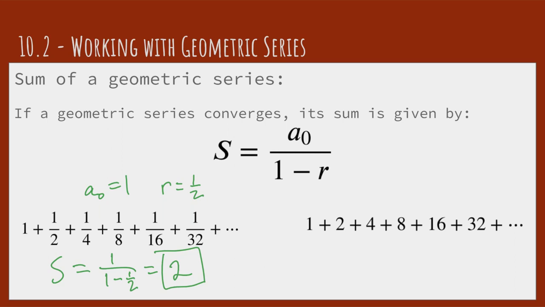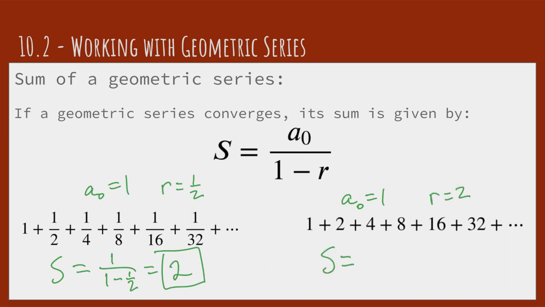I do need to warn you that this formula will work even if the series doesn't converge. When I say it works, we can plug in values and get an answer, but the answer doesn't actually make sense. In this second series here, the first term is, again, 1. The common ratio is 2.